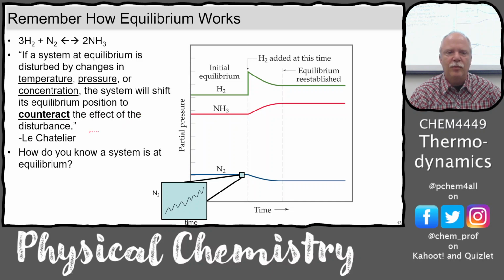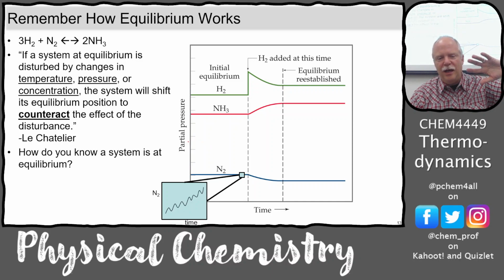So here's an example out of the freshman book. You've got the Haber process, and you've got hydrogen, ammonia, and nitrogen. When it's at steady state, these are coming in and they've reached some steady state. How do you know it's equilibrium? Well, it's reached a steady state. It's going to be at the bottom of that well.